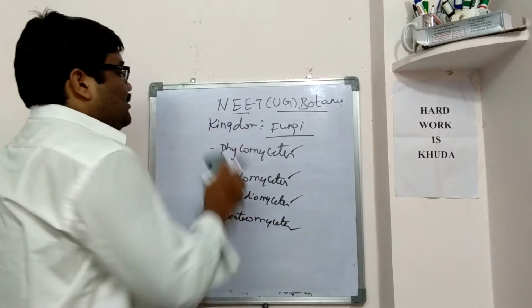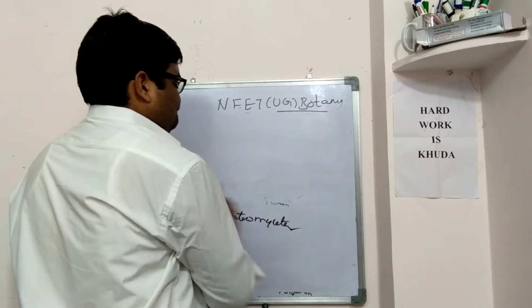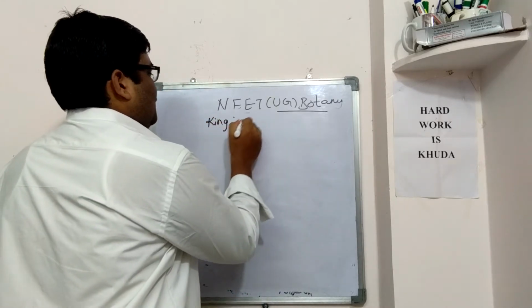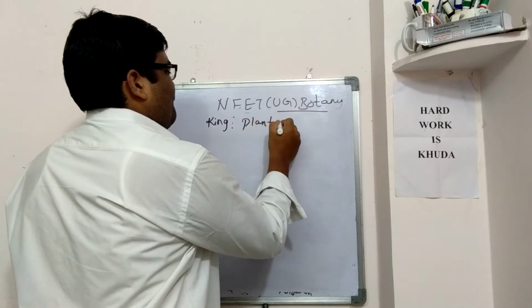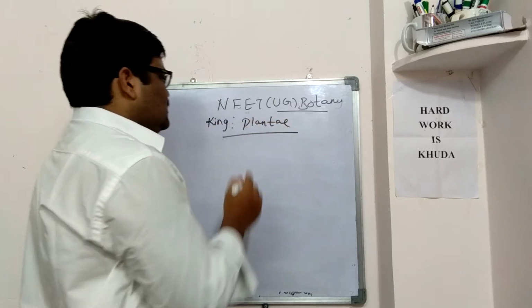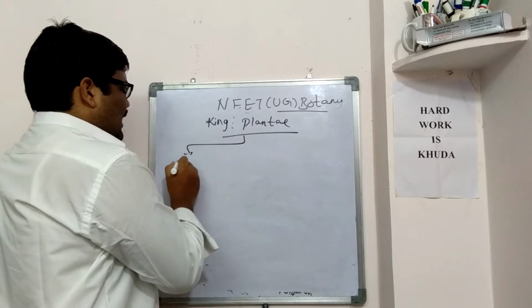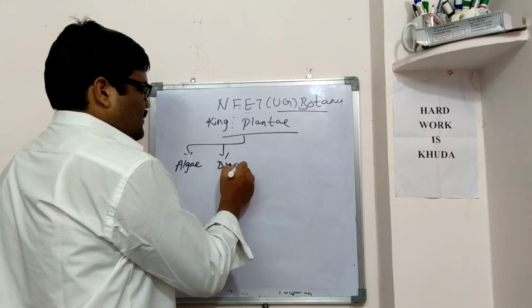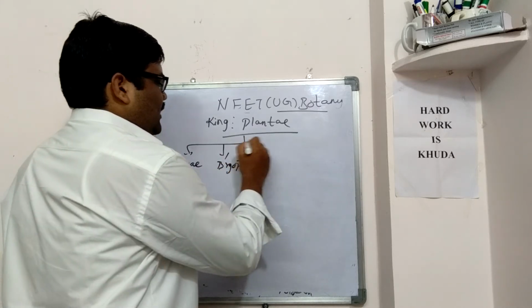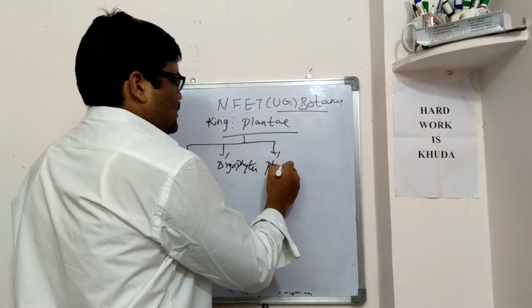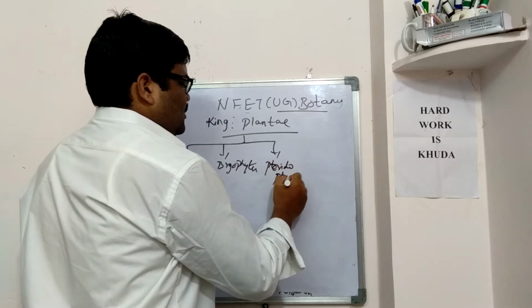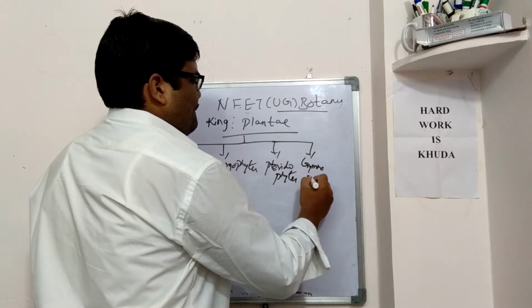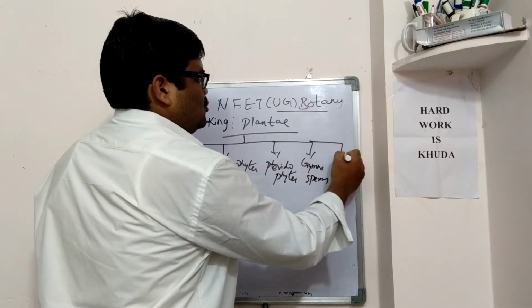Okay, next coming to the kingdom plantae. Broadly, it has 5 subcategories: algae, bryophytes, pteridophytes, gymnosperms, and angiosperms.